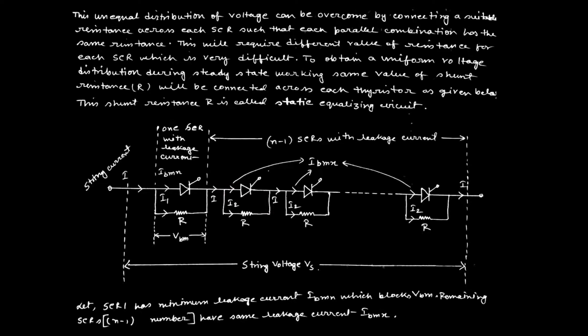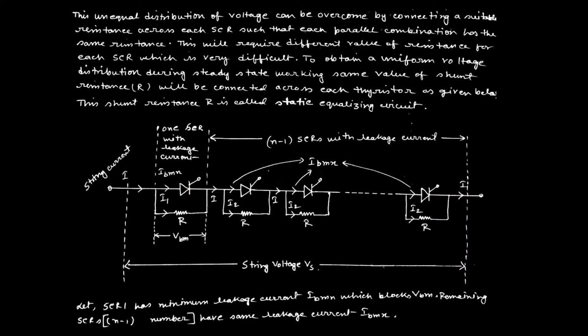We assume in case of the next parallel combination, the current I2 is flowing across R. Similarly, this is I2R. Suppose the first SCR has leakage current IBMN and all other SCRs have the leakage current IBMX, the same amount of leakage current that is possible for the other SCRs.